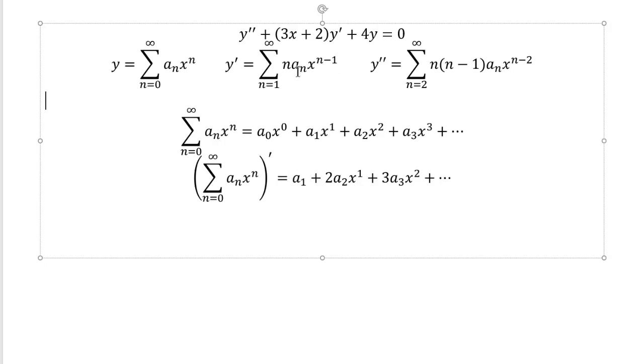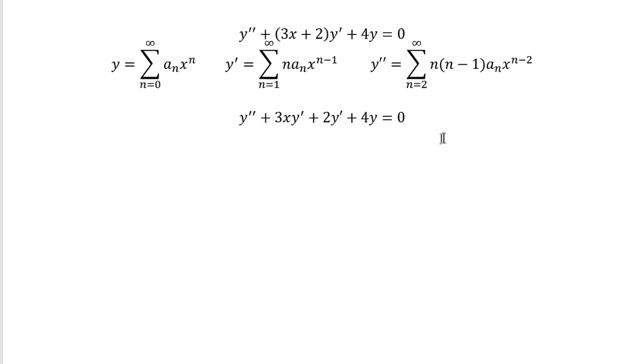And then differentiating once more will create another n minus 1 coming down, and this will become n minus 2, and this time n will start from 2.